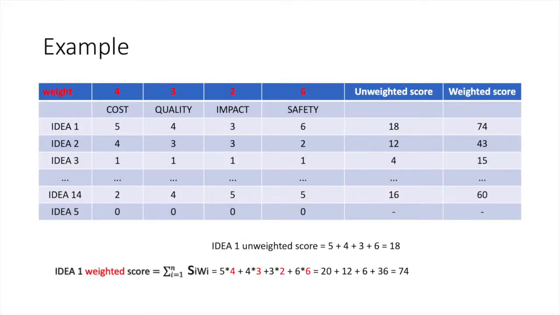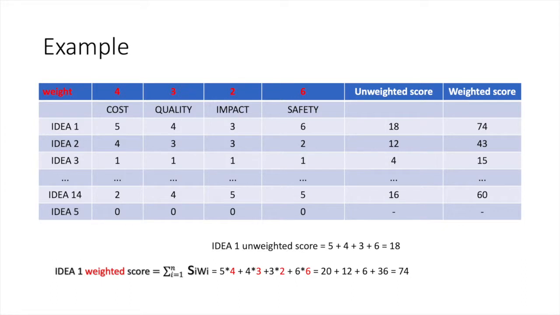Then we have an example. Here in this table we have the list of the ideas on the first column. Then we have 4 criteria: cost, quality, impact, and safety, for example. In red we have the weight of each of these criteria.